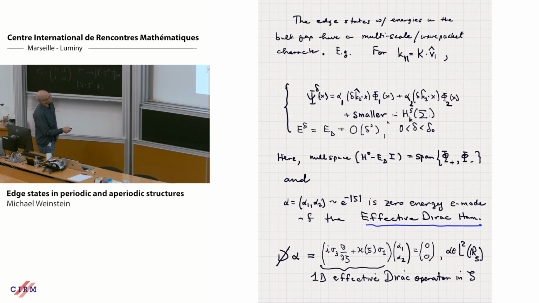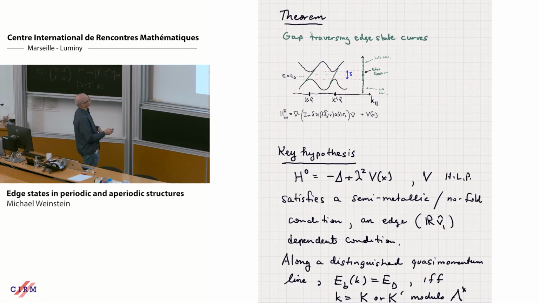This should be phi1 and phi2, and this vector alpha1, alpha2 consists of exponentially localized functions. I've written the result down for exactly this parallel quasi-momentum that sits right at the center over there, the one with energy roughly E_D.